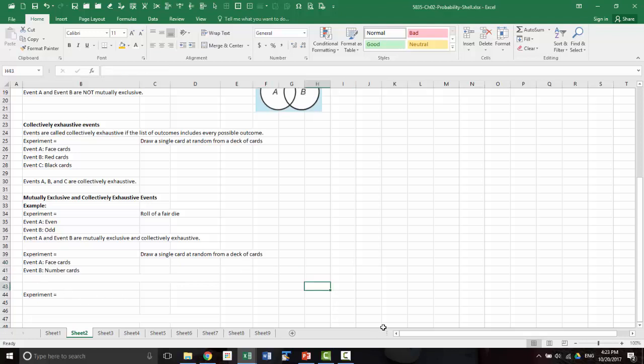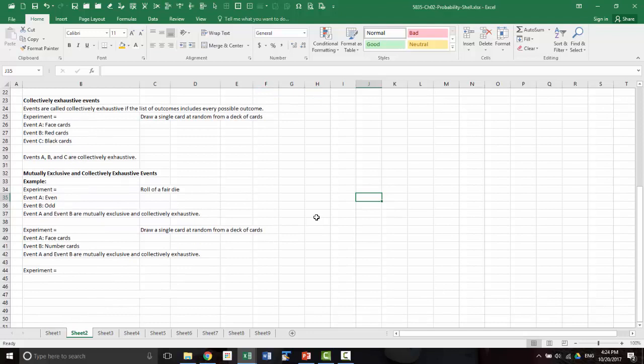These two events are mutually exclusive because a card cannot be a number card and at the same time be a face card. And these two events collectively cover all possible outcomes in the sample space. So once again, these two events are mutually exclusive and collectively exhaustive.